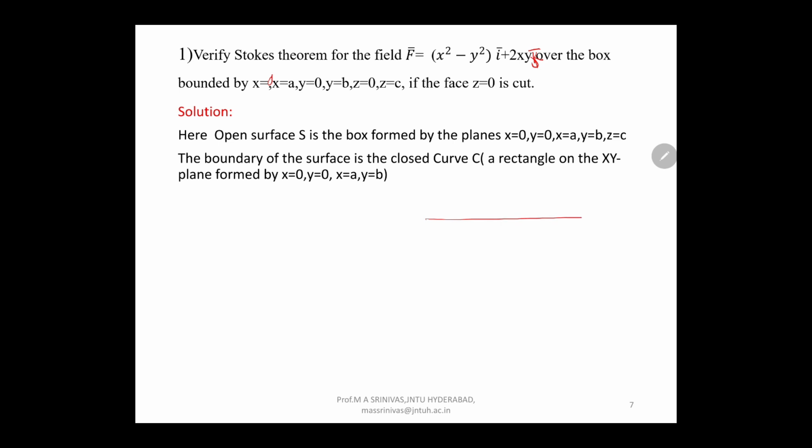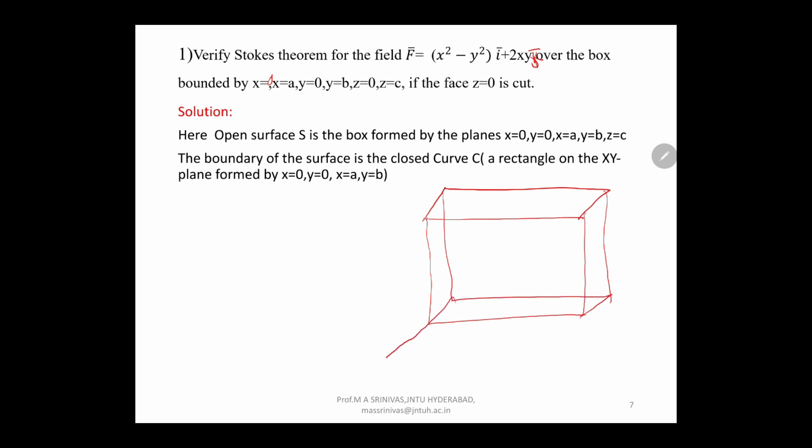Now we have one box. This is the box, so this is x axis, this is y axis, and this is z axis.